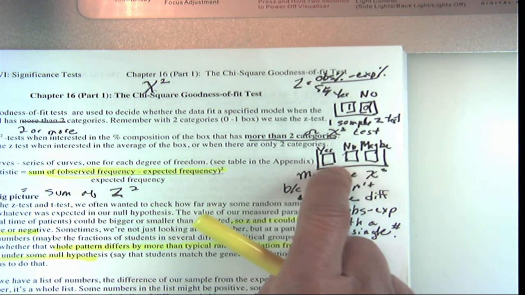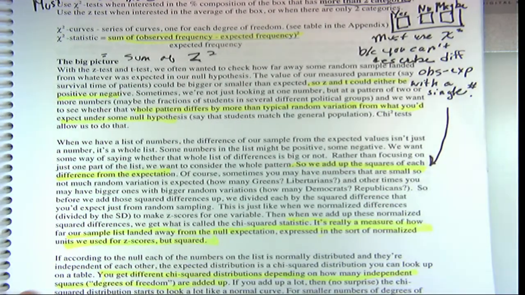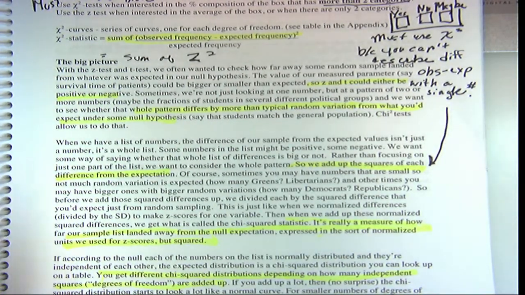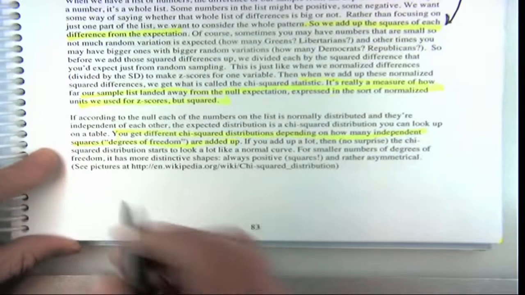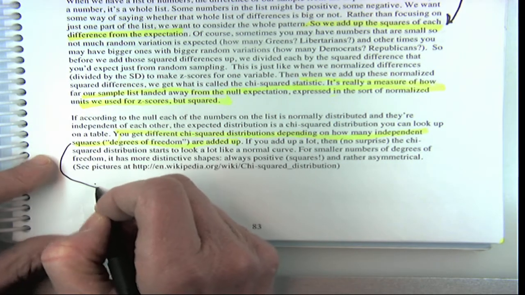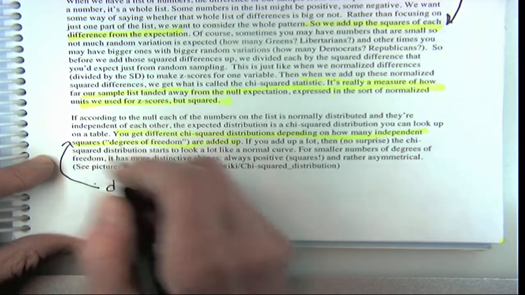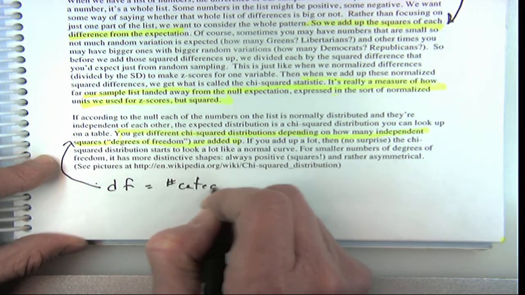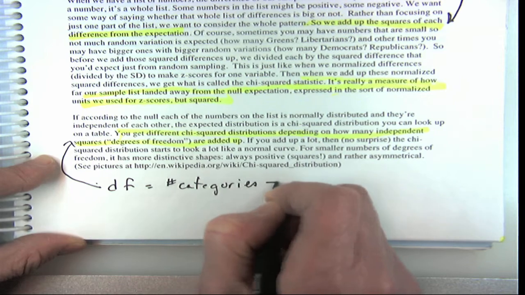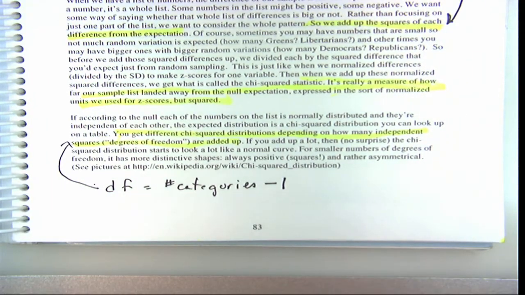So the degrees of freedom is how many independent squares you add up, how many independent categories you have. The degrees of freedom is equal to the number of categories minus 1.